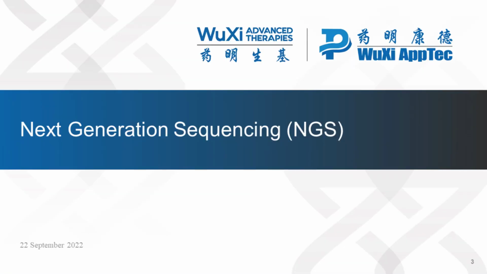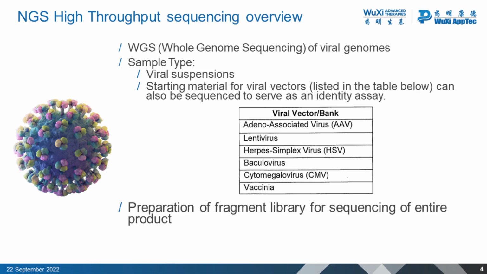I will start first with next generation sequencing, or NGS for short. WuXi offers whole genome sequencing of viral genomes, which could be AAV vectors or lentiviral vectors. We typically sequence viral suspensions.